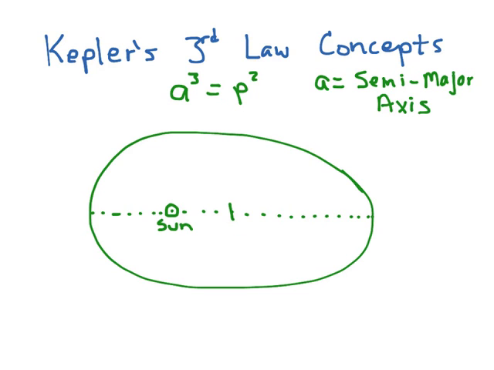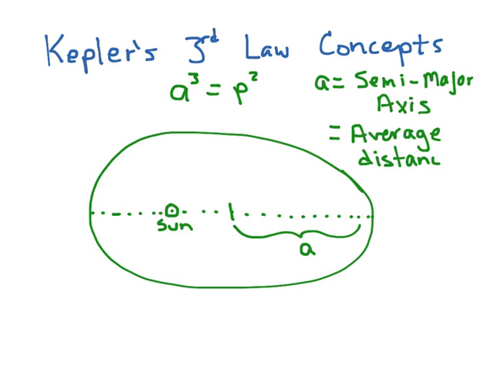And that's half of this long axis of our ellipse. We can think of that conceptually as being essentially the average distance to the sun.